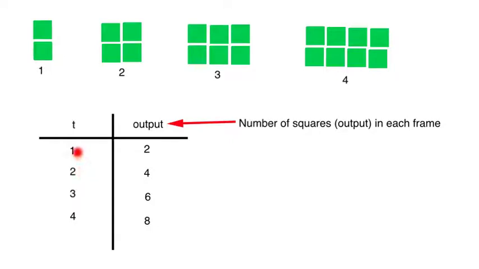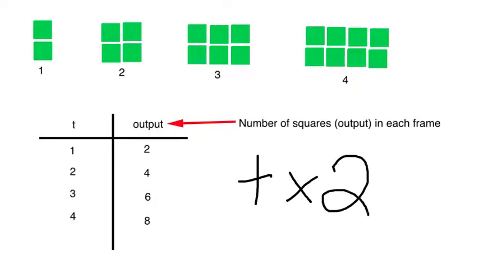So what is the relationship between 1 and 2, or 2 and 4? I'll give you a minute to think about it. Now, if you said that you take the value of T and you multiply it by 2 to get the output, you would be correct.